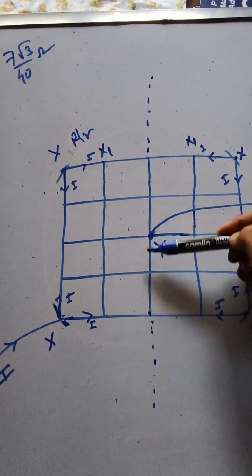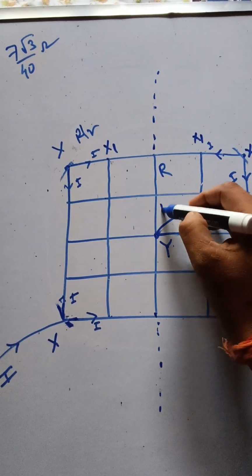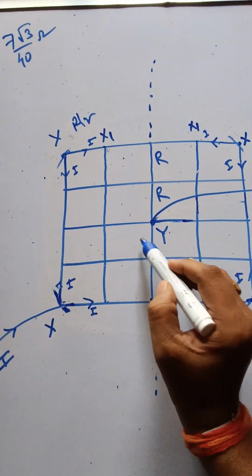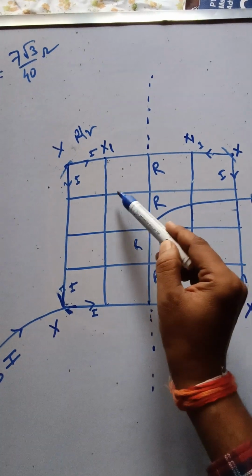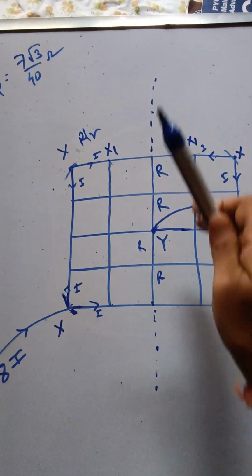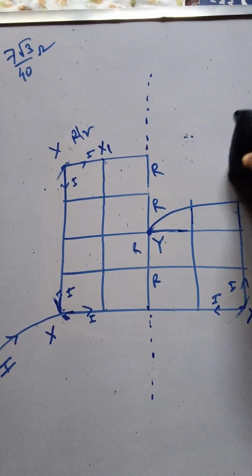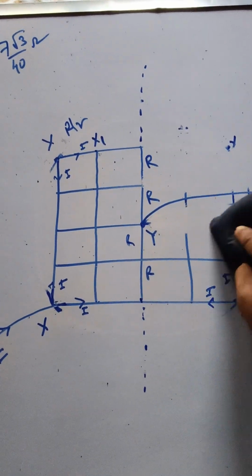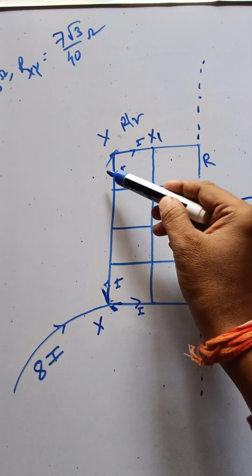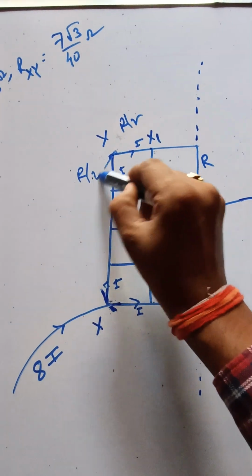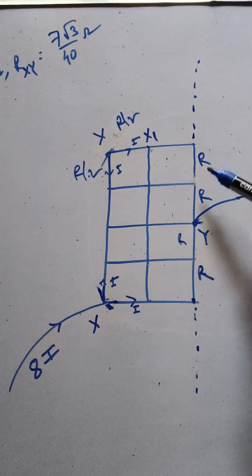This is not superimposed anywhere, so these are resistance R, these are resistance R, these are resistance R, but this wire has resistance R by 2 after folding. So I am removing this part. Okay, so this is R by 2, this is R by 2, all are R by 2, but this is R, this is R, this is R, this is R.